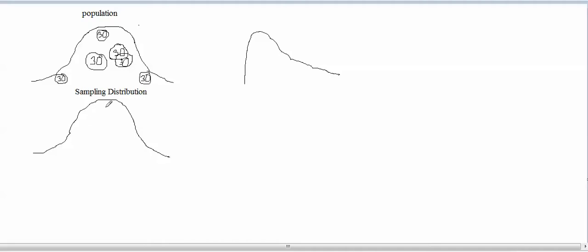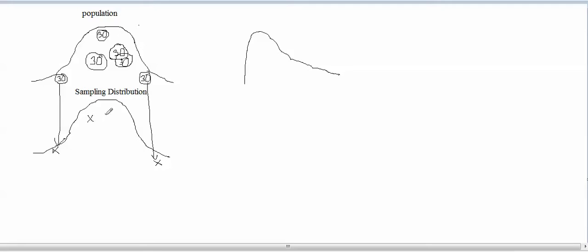And I said that this was a taller sample, so this group of 30 people will end up having a mean toward the high end. This group of 30 people will have a mean toward the bottom end. And like I said, these samples of 30 people will probably be somewhere around here.